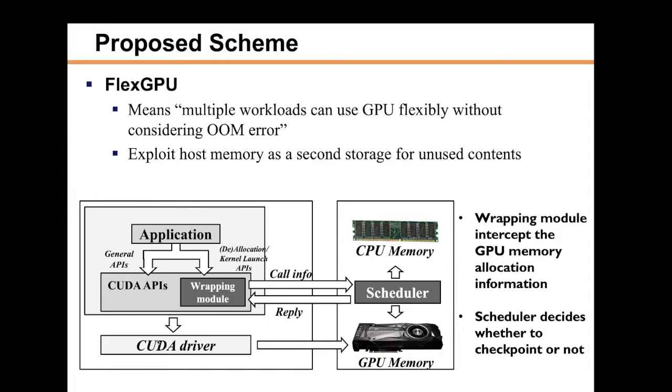In our design, we use a wrapping module and a scheduler to manage GPU memory allocation and deallocation. The wrapping module accepts CUDA memory allocation and kernel issue API calls, retrieves the necessary information, and transfers it to the scheduler to let the scheduler make a decision.